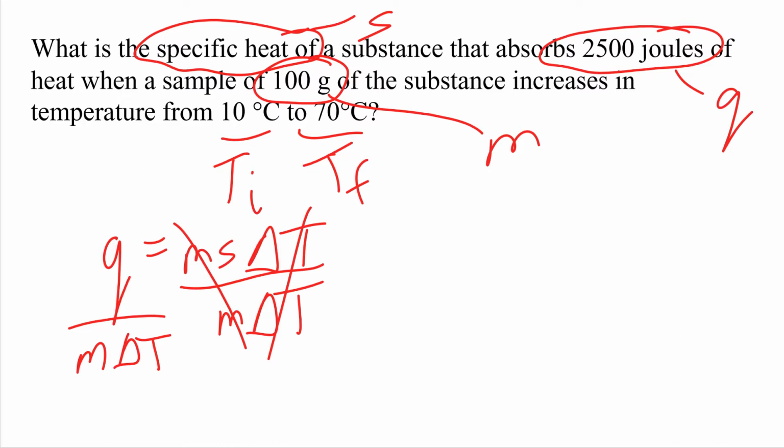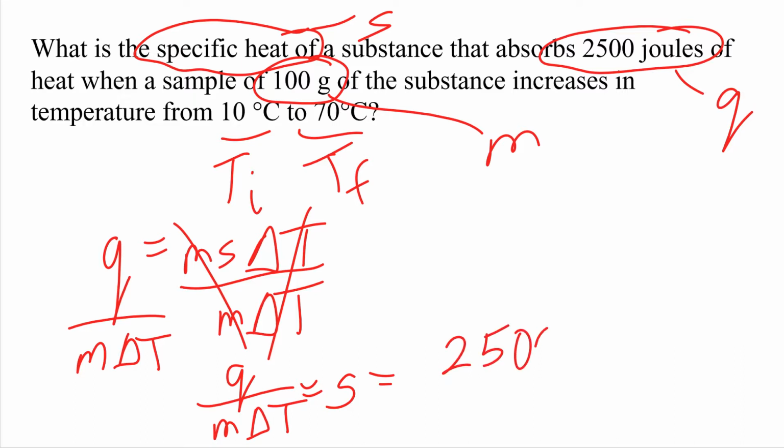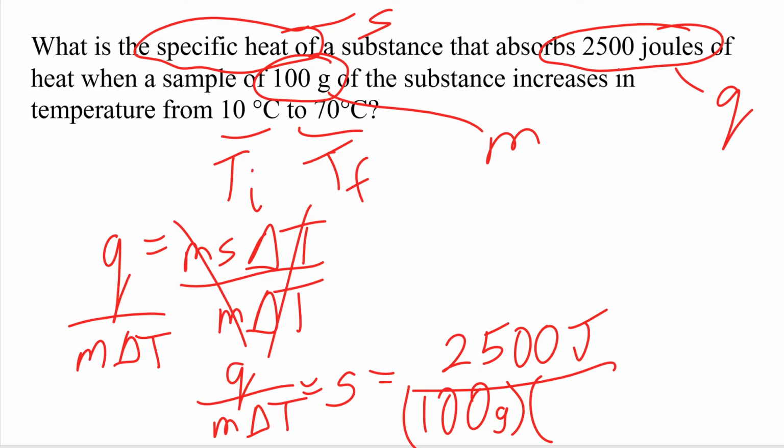And so you're left with S equals Q over m delta T. And then you can just plug it in. So the Q is 2,500 joules. The m is 100 grams. The 70 minus 10, right, is going to be 60.